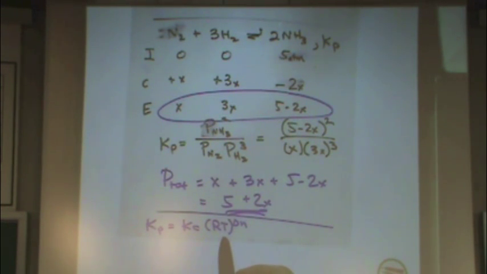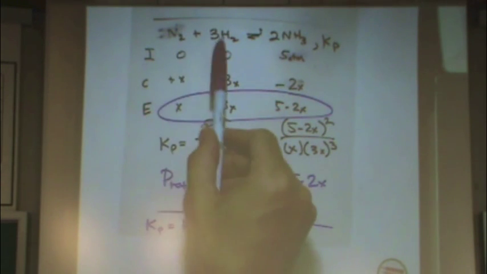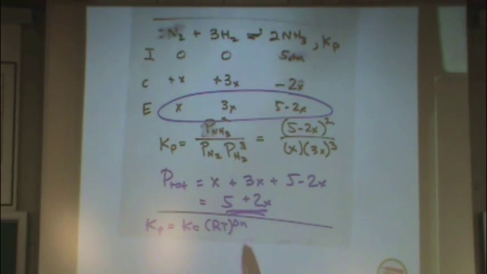T is in Kelvin. What's delta n for this question? It's only for gases. If there's no gases, there's no change in moles, and this is 2 minus 4. Okay? So that would be negative 2. What happens if delta n is 0? What does that mean? KP equals KC. Is that okay? Alright, cool.